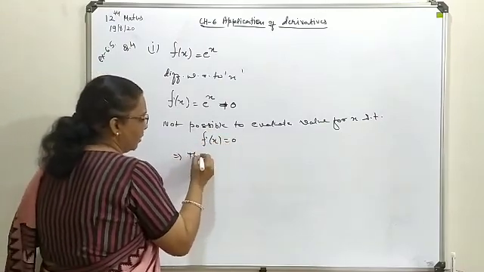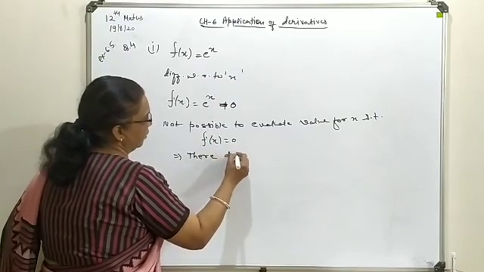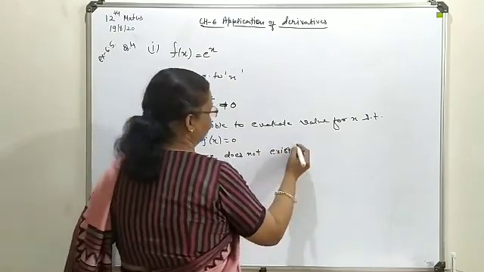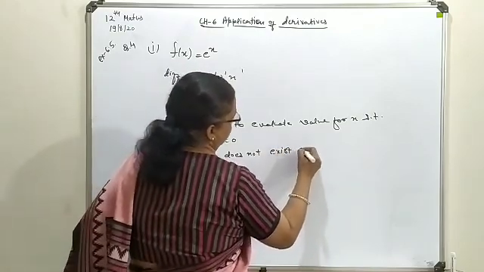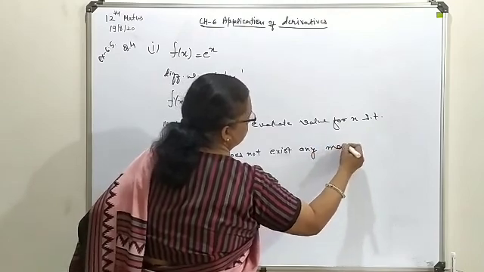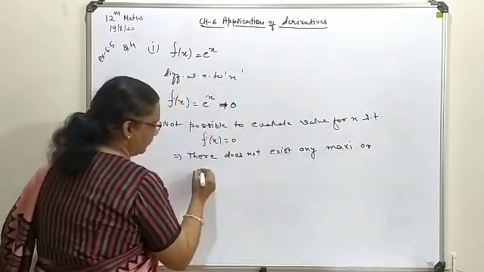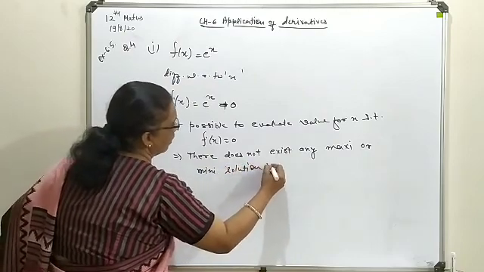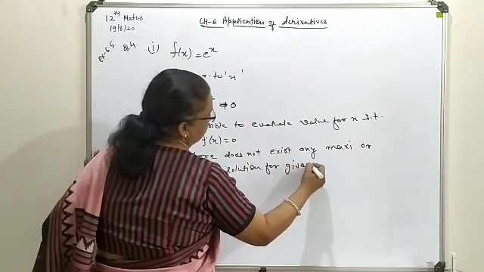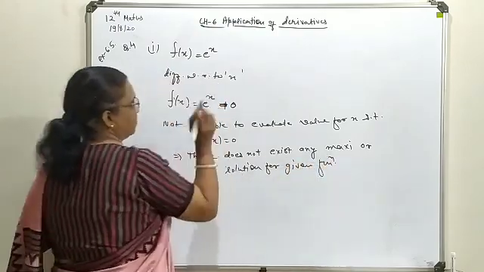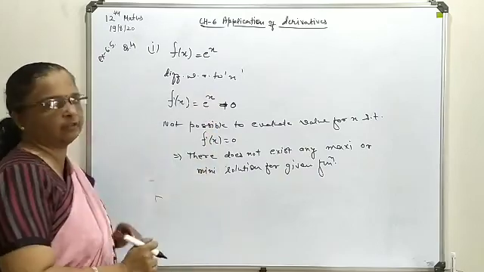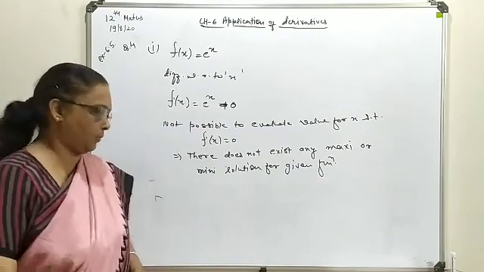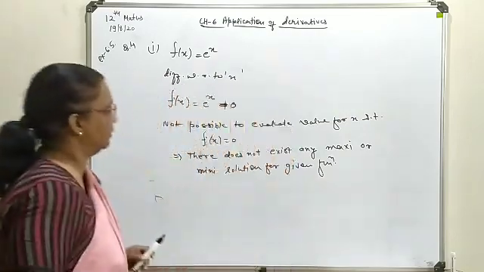Therefore, there does not exist any maxima or minima solution for the given function. The reason is that it is not possible to define any x value for which f dash x tends to 0. Now, in the same order, we are going to attend the second part.